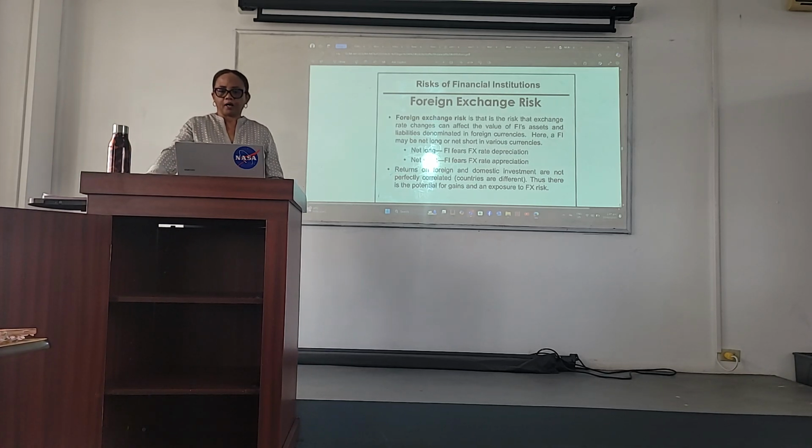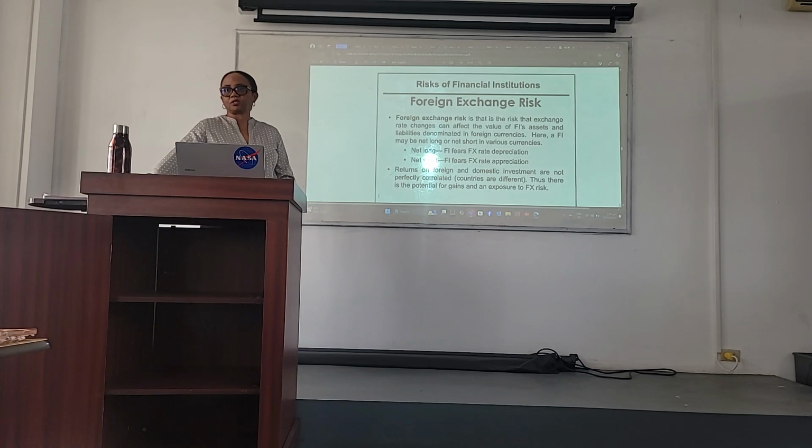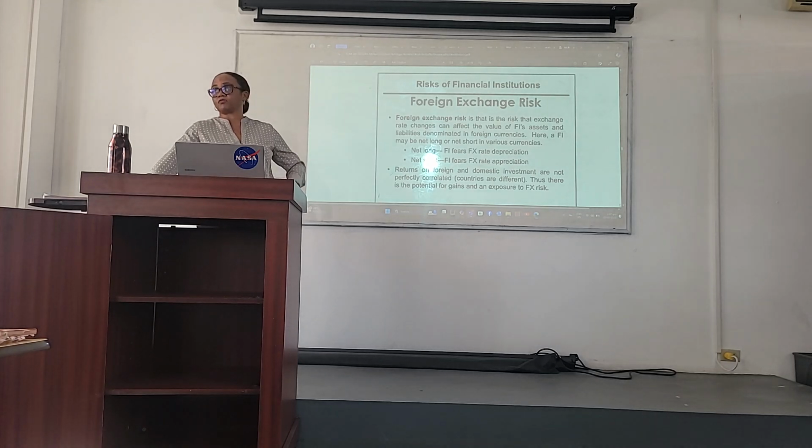So, for example, a company may invest in U.S. securities, but may also invest in euro-denominated securities. And the return on the investment is different based on interest rates, what the interest rate is in each country.